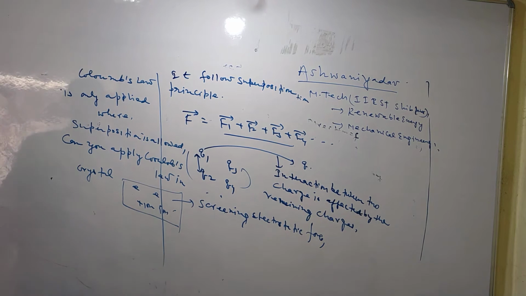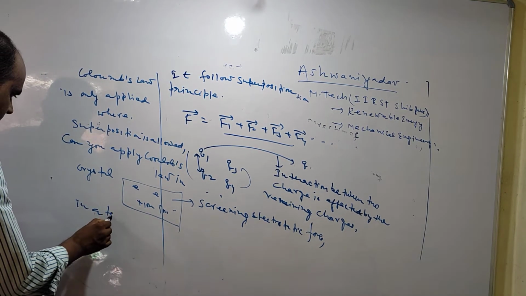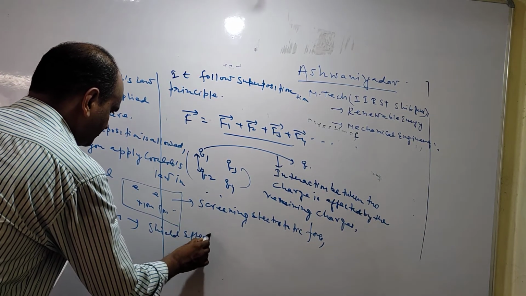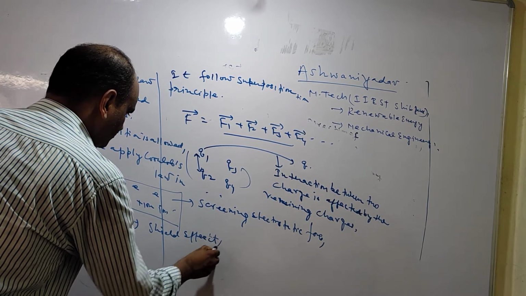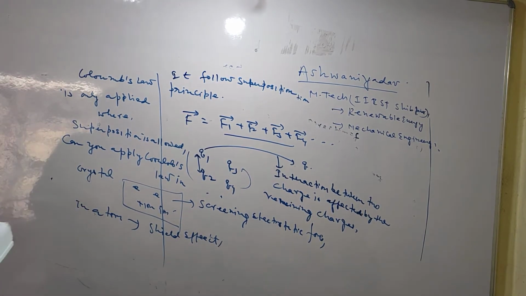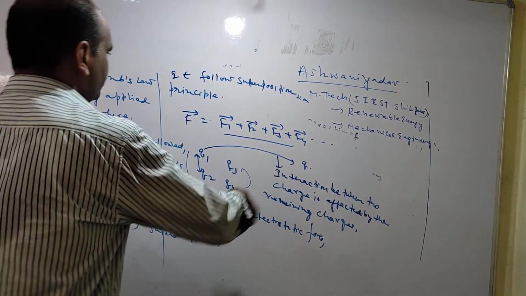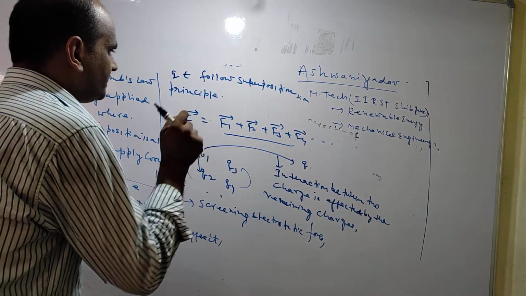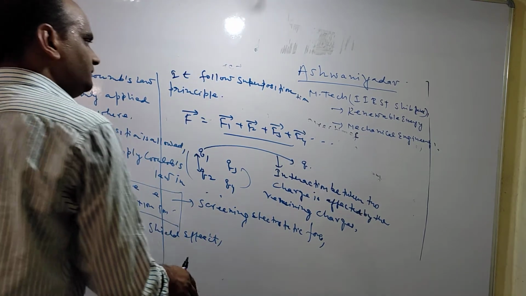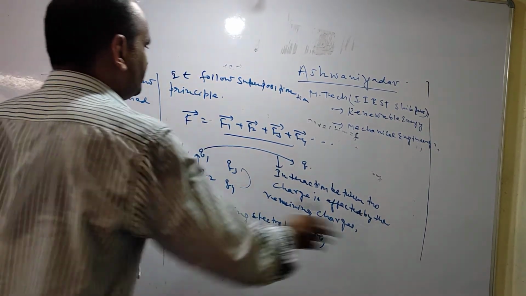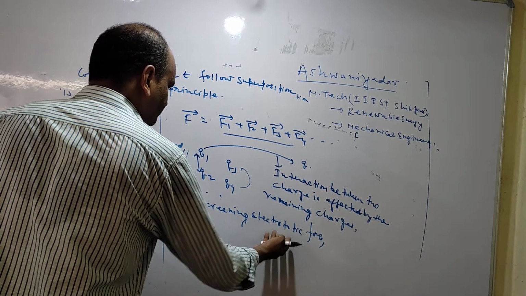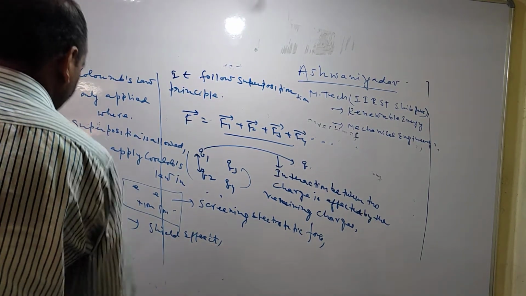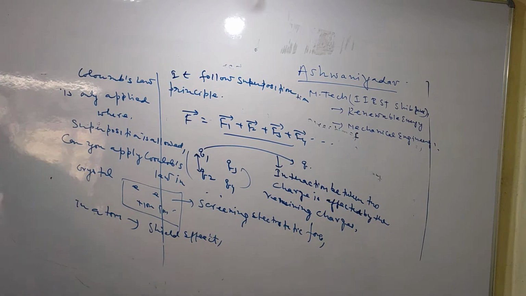And in an atom, everybody knows the shielding force, the shielding effect. The presence of the electrons affects the forces between the nucleus and an electron. So I just want to emphasize where you can apply this law. This is a very simple one. We are going to study simple cases. We will really study all these things in solid state physics, and atom related things in atomic physics and spectroscopy.